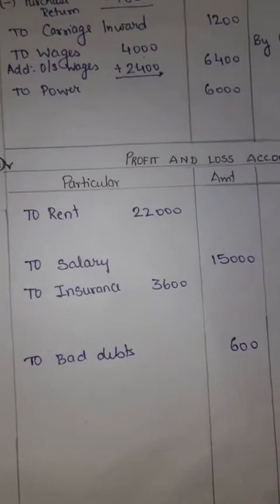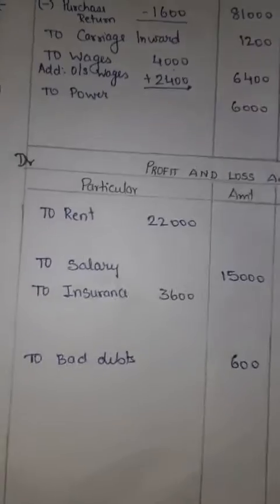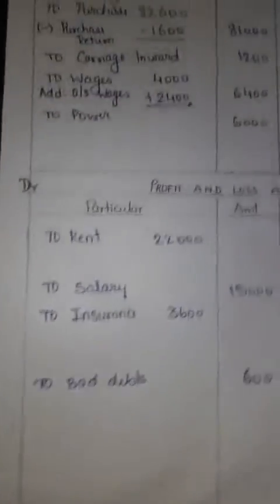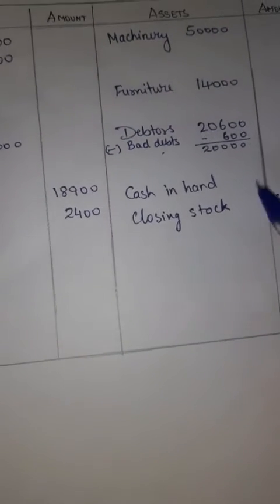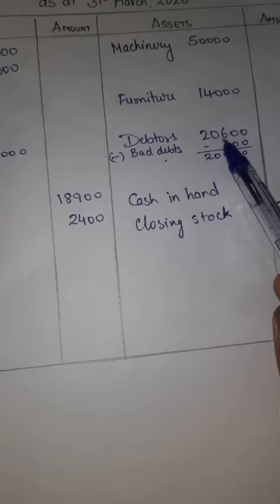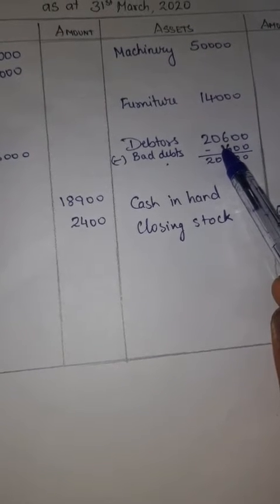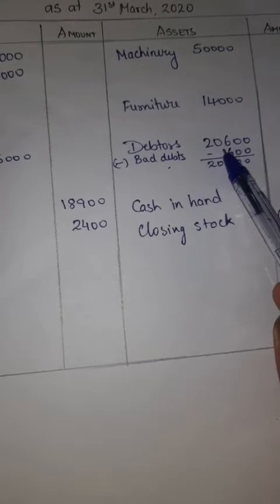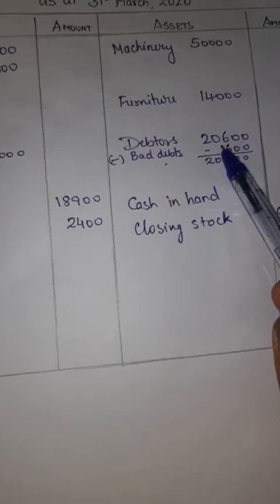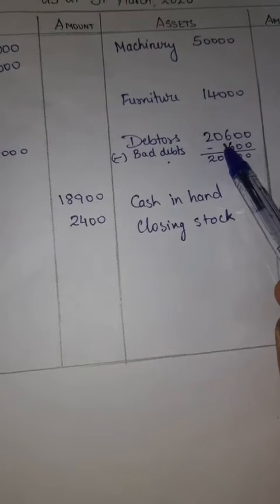Now moving to the fourth item. The fourth item is provision for doubtful debts to be 5%. Usually we believe that we will receive the amount from debtors within a period of 1 year. But sometimes there may be a situation that debtors will not be able to make the payment within 1 year.